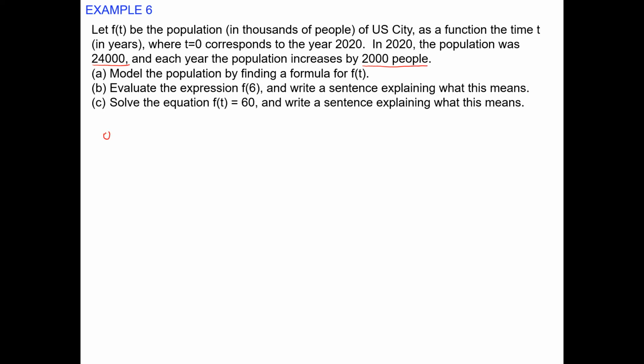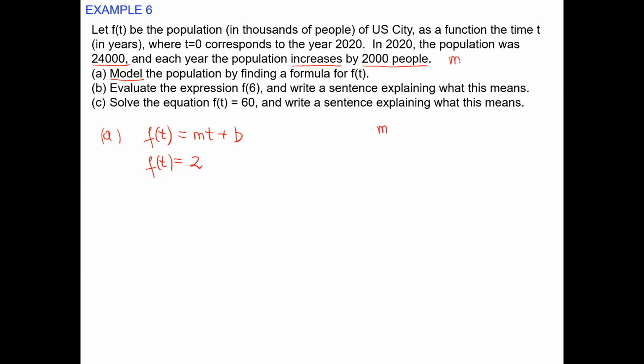We have to find a model of the population. Please do not be afraid of the word model. It's just like a function, an equation. Model the population by finding the formula f of t. That means the population in time. We will need mt plus b, and we know the slope is increasing, then it's positive, 2,000 people, that means just 2.